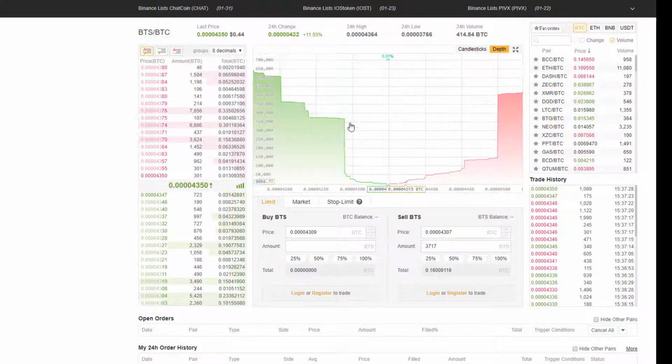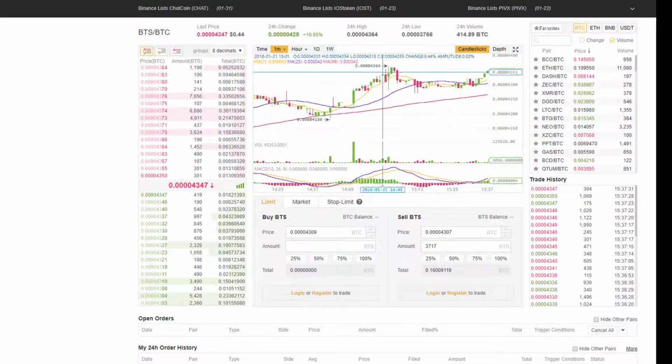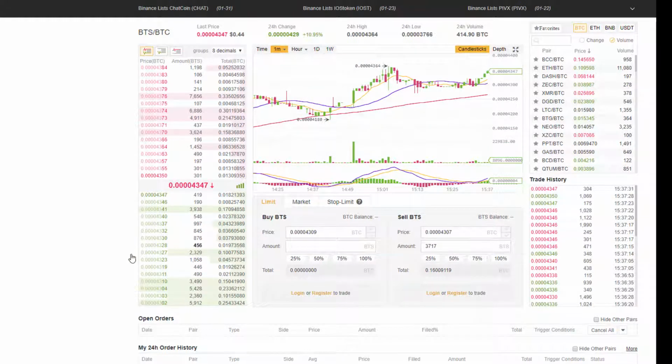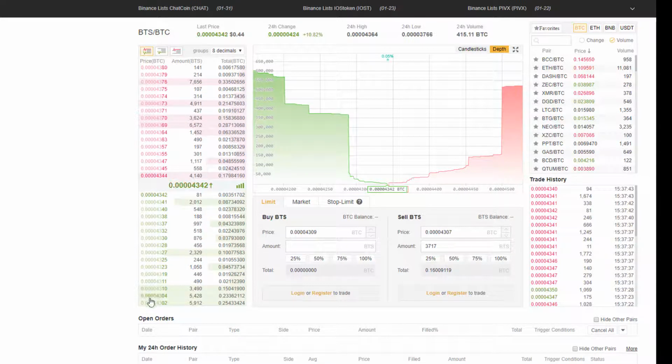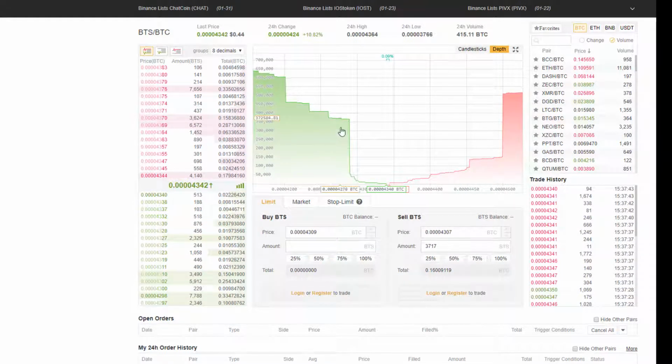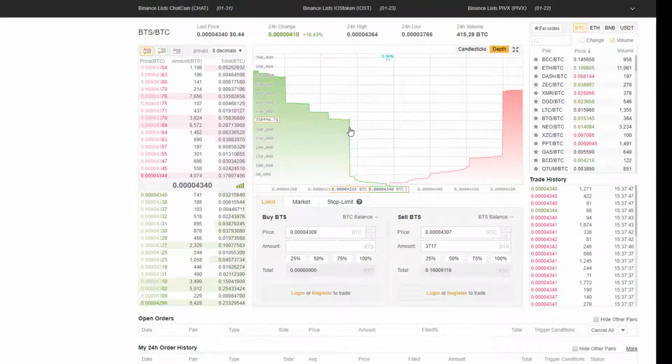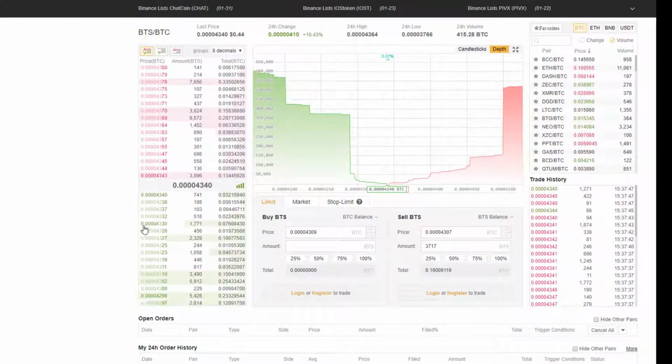And the other thing to look at is that, yeah, the buyers are kind of taking over now, but that support wall is going further and further down. It's not there. So the person that has this wall, they're either going to move it up, keep it there, and just let the buyers take over for a little bit.